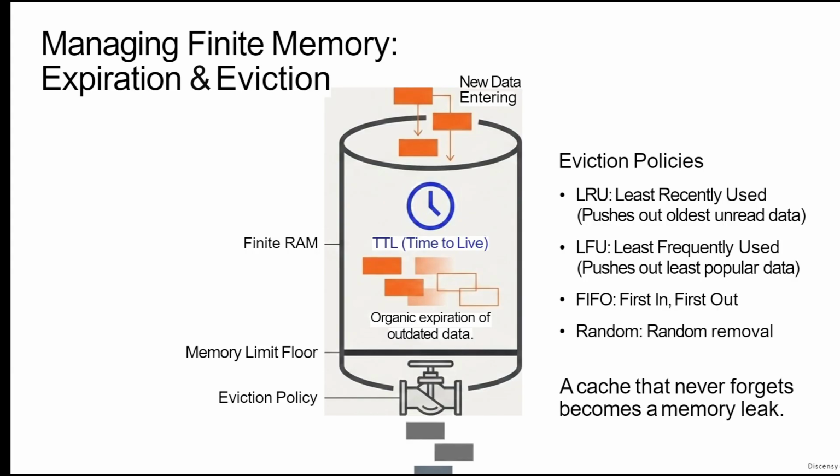The first one is expiration, which describes the time factor, and the second one, eviction, which describes the space factor. As we heard, there are two types of complexities: time complexity and space complexity. In the same way, here we'll find expiration and eviction similar to time and space. So expiration depends on the time factor.